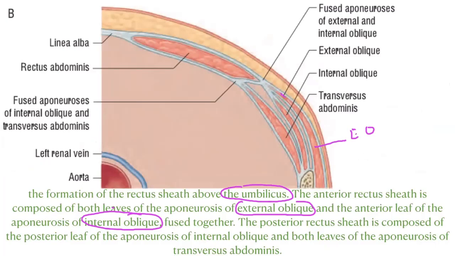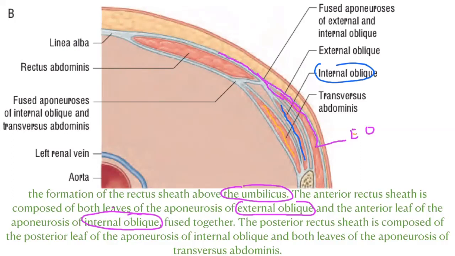See, this one is the external oblique, and this is the internal oblique, blue one is the internal oblique, whereas yellow one is the transverse abdominis. See, so the external oblique has anterior lamina and posterior lamina, right? Both these laminas, two laminas, participate in the anterior wall of the rectus sheath only, right?